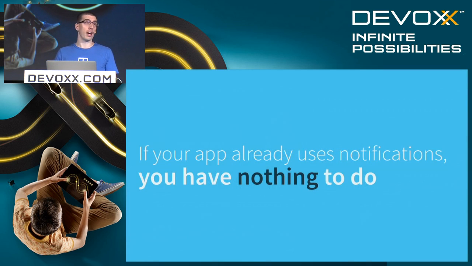So if you already have notifications in your application, then you have nothing to do. And this is because if you step back and start thinking again about the 3 UX principles that I've explained, you will notice that notifications are the perfect feature that are currently available on phones that could be replicated to wearables.